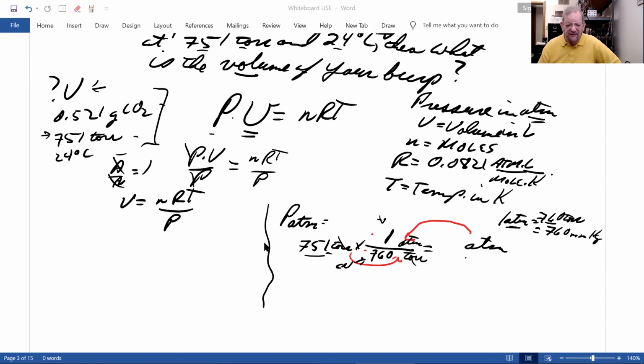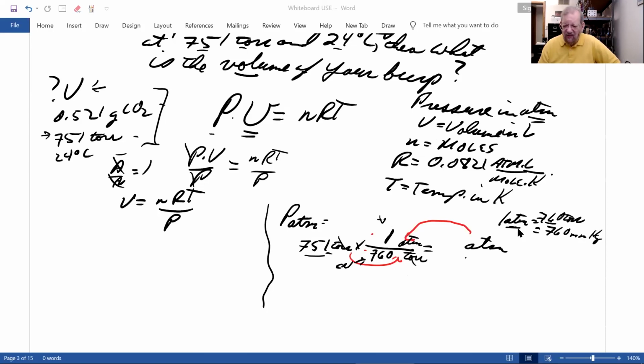Mean right here or right here? Right or left? Right here, 1 subscript atmosphere. That means P has to be in atmospheres.